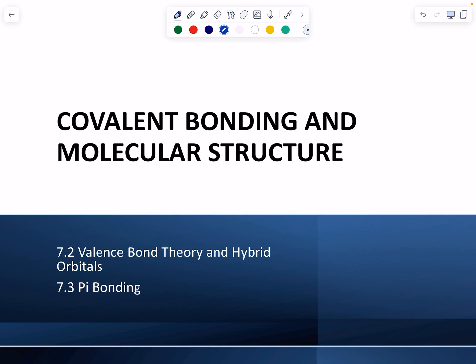Then we developed the concept of valence electrons and used those to draw Lewis structures that are telling us how atoms are bonded to one another and whether there are any lone pair electrons or unpaired electrons in your molecule, and how we can use that to determine shape and polarity of the molecule. So now we're going to go back and look at how we resolve an inconsistency with our view of atomic orbitals, okay, and where electrons actually exist in molecules.